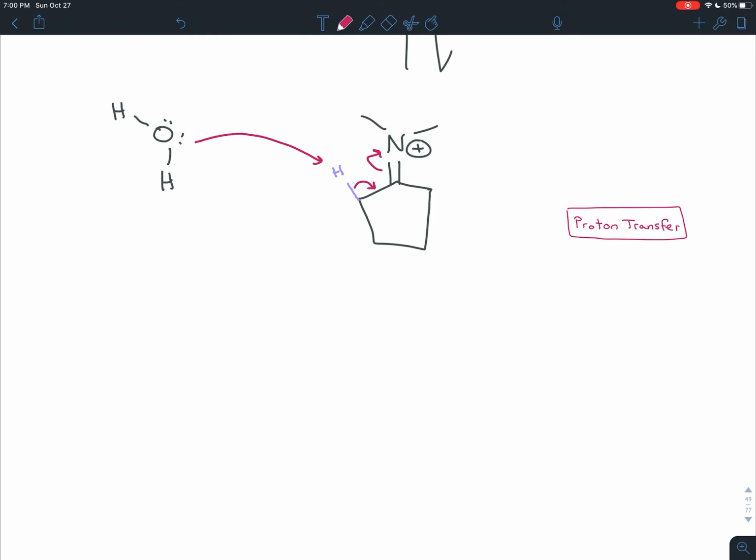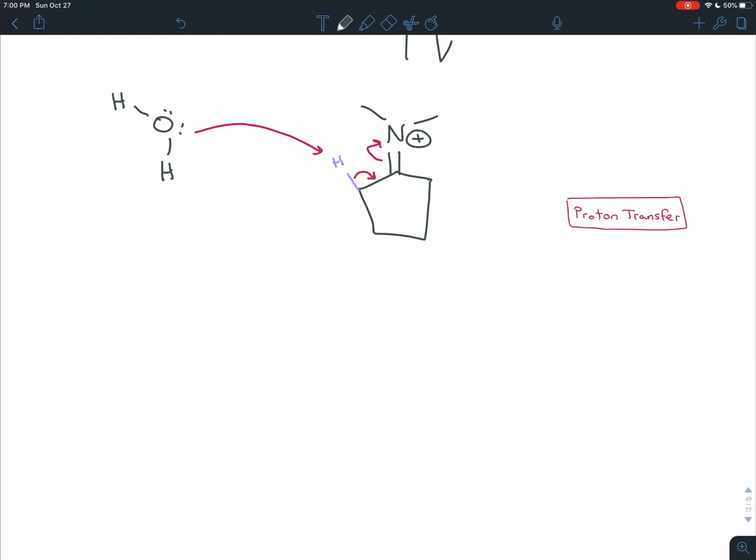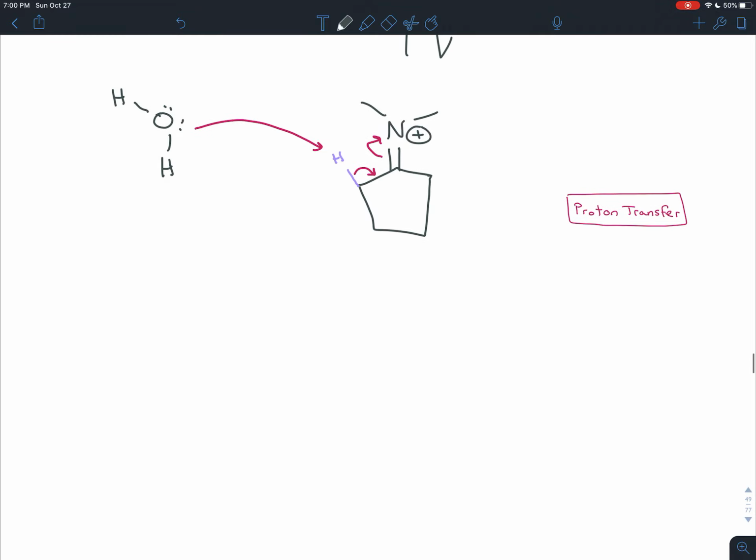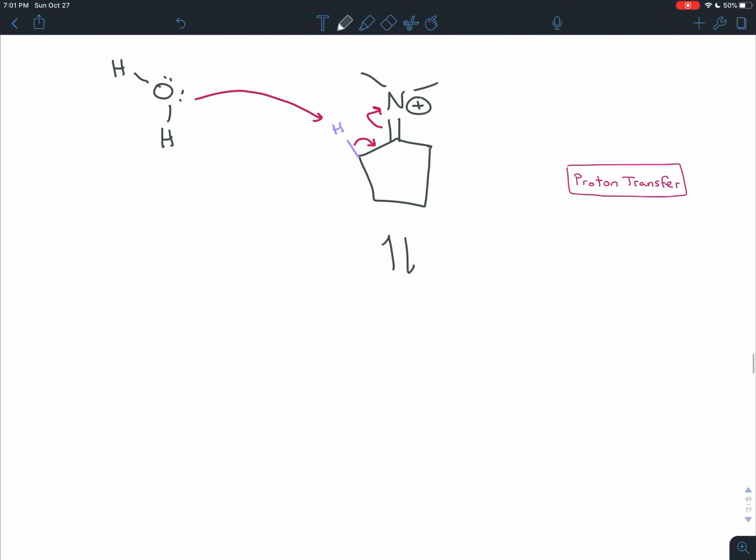The electrons go toward the carbonyl carbon and they kick one of the pi bonds, putting the electrons onto the nitrogen. Now ultimately this is a proton transfer. We're moving a hydrogen from one molecule to the other, but it's not a hydrogen on the nitrogen. There isn't one there because it was a secondary amine.